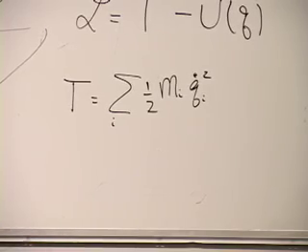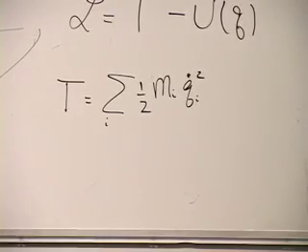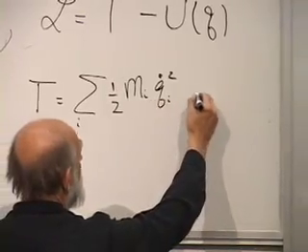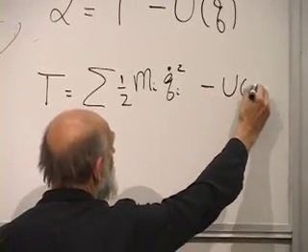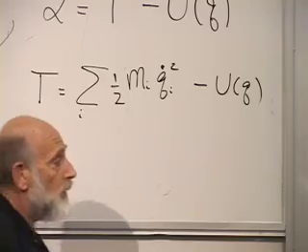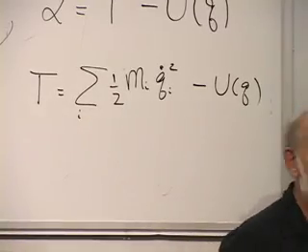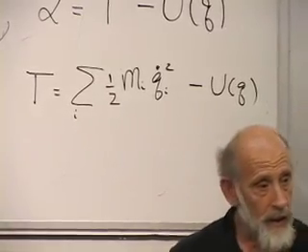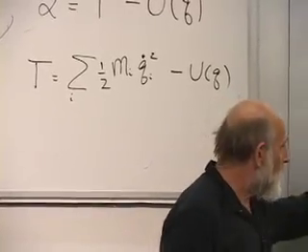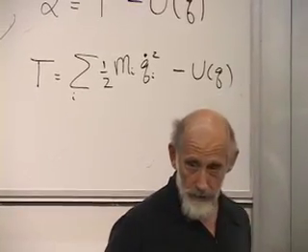And then we would have minus the potential energy, minus U of Q. And this U of Q would in general depend on all of the positions of the particles. It would not itself be a sum over individual particles in general.